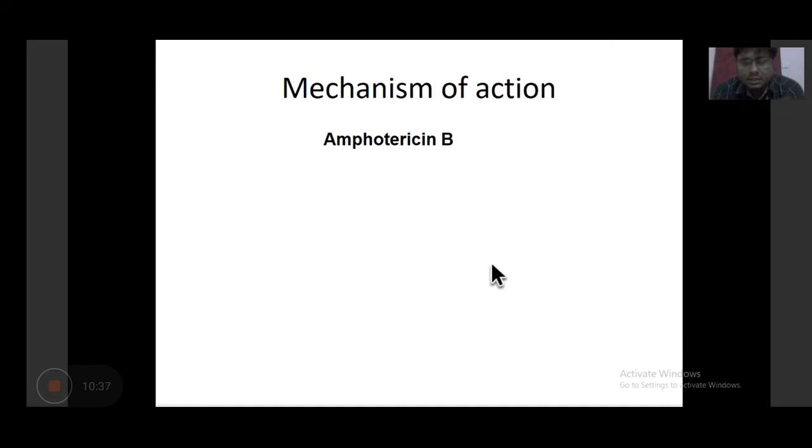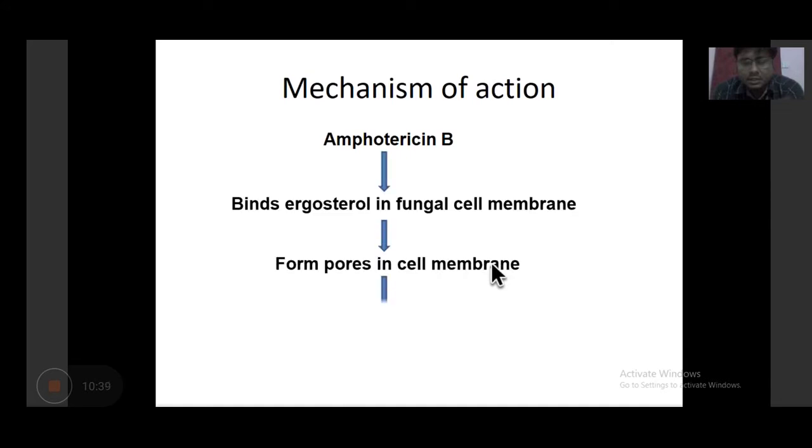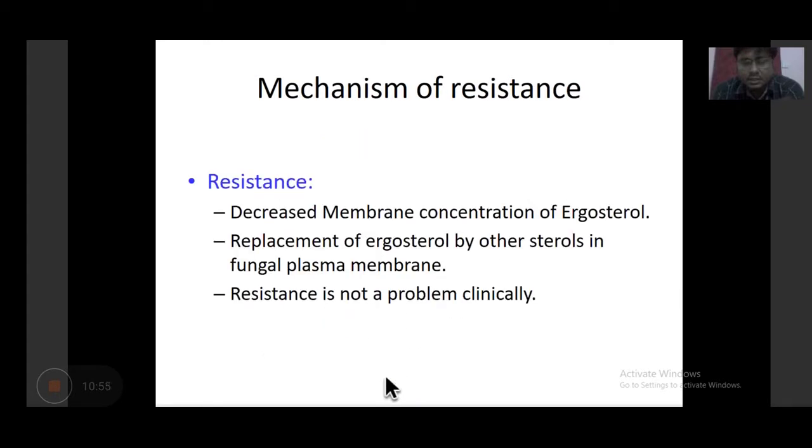If we go through the flow chart of this mechanism of action, we can say that amphotericin B binds to the ergosterol in the fungal cell membrane, which forms a pore in the cell membrane, which leads to leak out of cell contents like potassium ion. It leads to cell death. This is a very simple mechanism of action of amphotericin, and some cases of resistance to amphotericin have been noticed. The mechanism of development of resistance is either a decrease in membrane concentration of ergosterol.